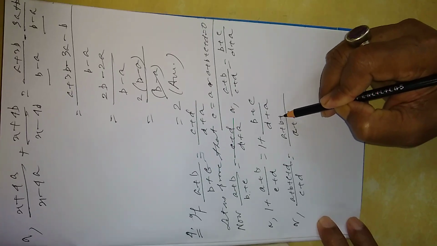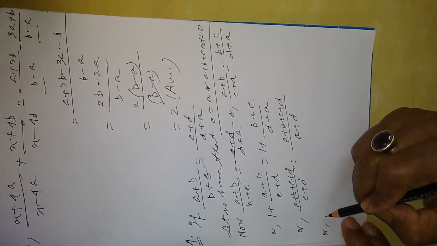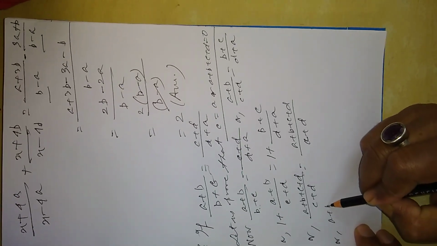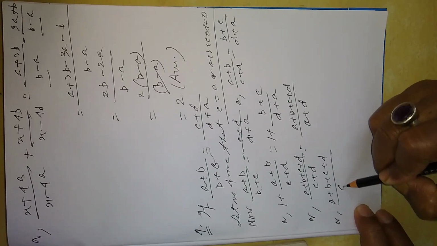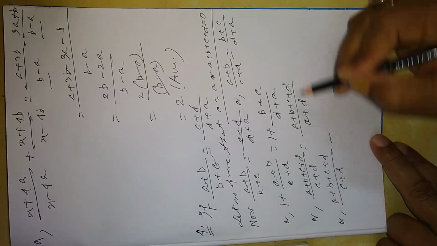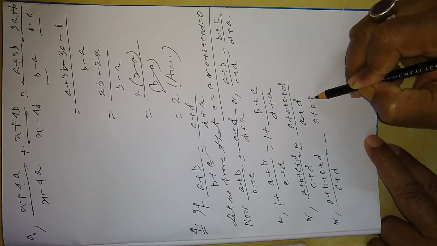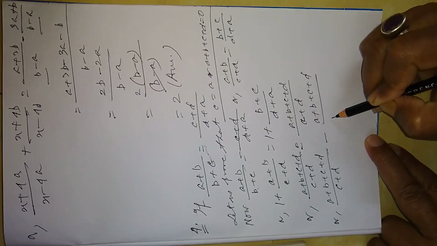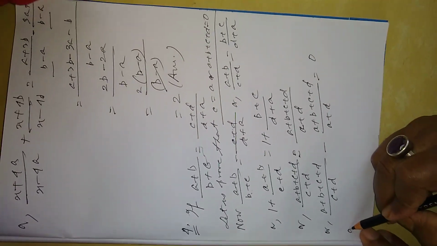Now, a plus b plus c plus d by c plus d minus this one, change the side, a plus b plus c plus d by a plus d is equal to right hand side 0.